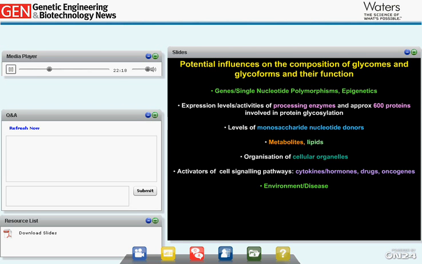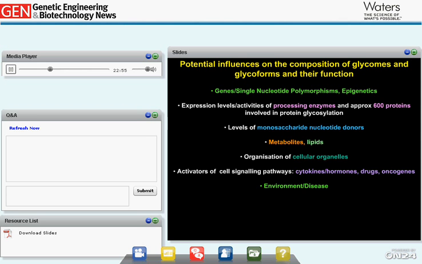The next level, they can be changed by expression levels or activities of processing enzymes, and there are about 600 other proteins involved in protein glycosylation. So this is a very big effort on the part of the cell, and if any of these factors are messed around too much, then they will affect the glycan structures. Also, the levels of the monosaccharide nucleotide donors that bring the new monosaccharide to be added on to the developing sugar, metabolites and lipids in the medium, organization of cellular organelles is very important.